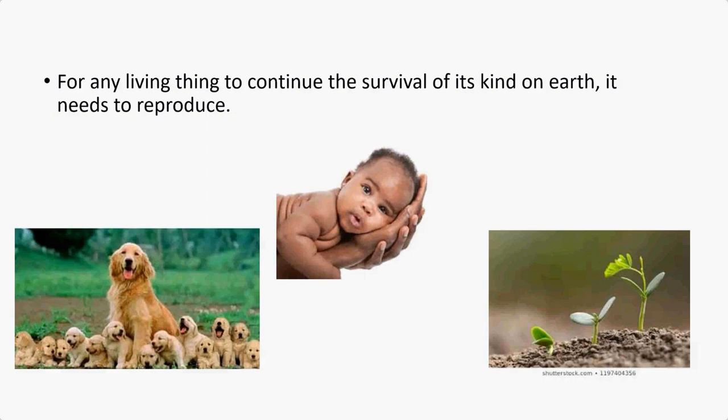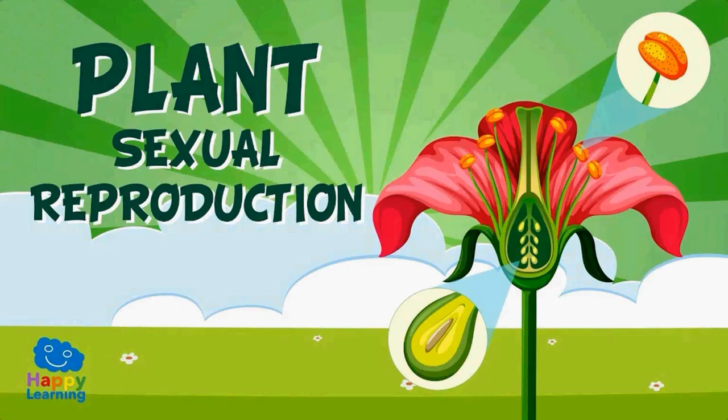If plants stop reproducing, what happens? Slowly, plants will not be there. So after a few years, you will not see any plants. So reproduction is very important for all living things, to continue the survival of its kind on earth. Next, plant reproduction.